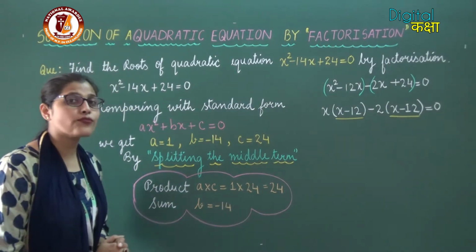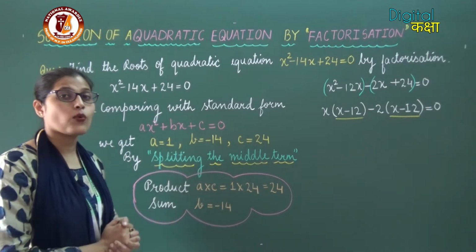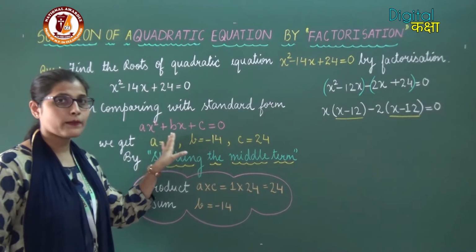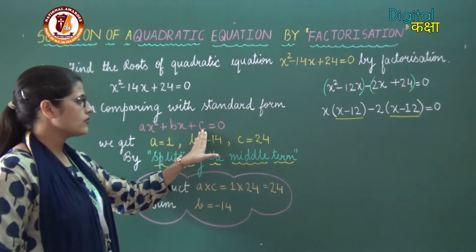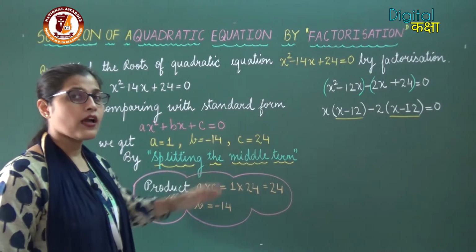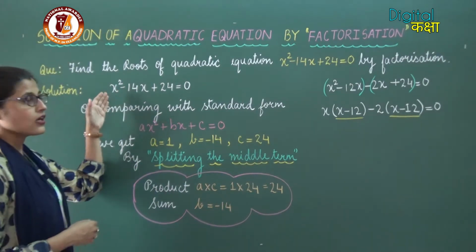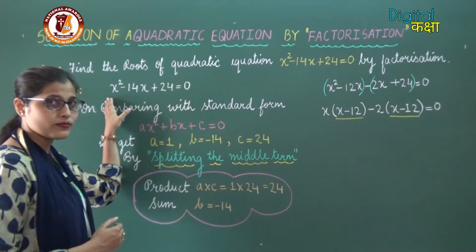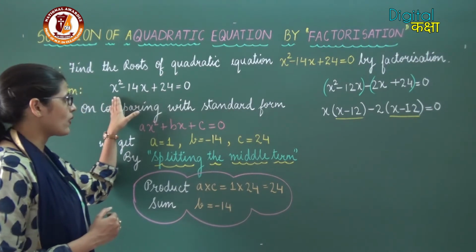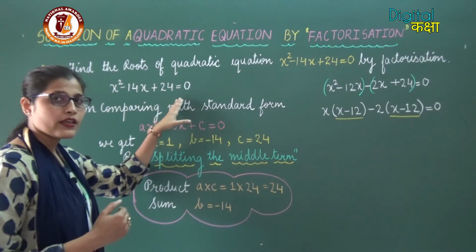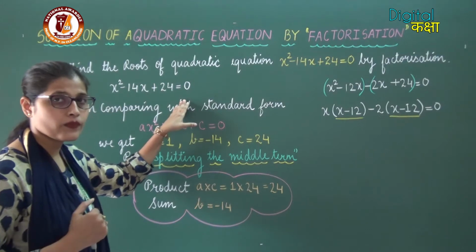The standard form of writing the quadratic equation is ax square plus bx plus c equals to 0. As you can see, the above equation is given in the standard form, which is ax square plus bx plus c equals to 0.